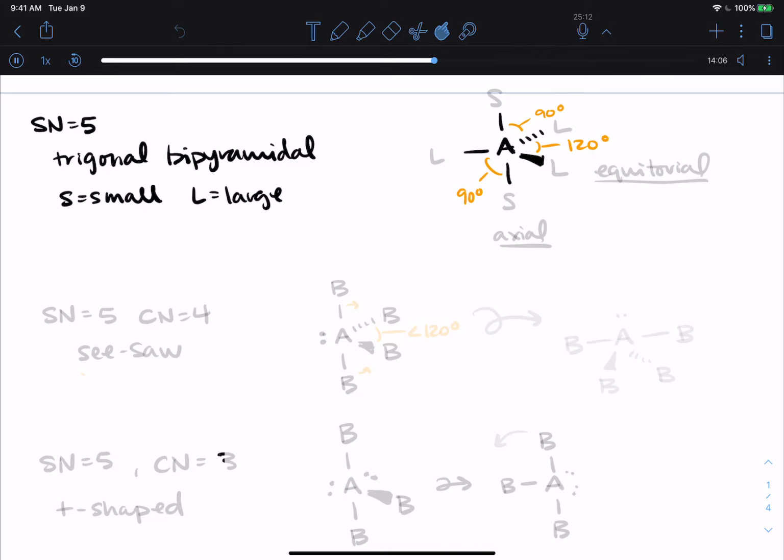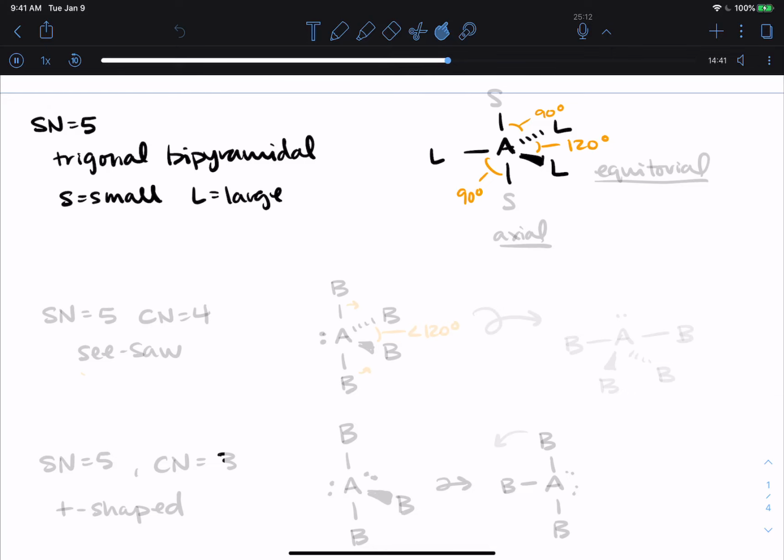So if I'm a small atom, I could fit in any place. So let's not start with the small. If I'm a large atom and I go into one of these positions at the top or the bottom, I have pretty crowded stuff around me. I have 3 things that are 90 degrees away. So if I'm a large atom and I have the opportunity to go somewhere where my neighbors are mostly 120 degrees away, they're still close to the other things.